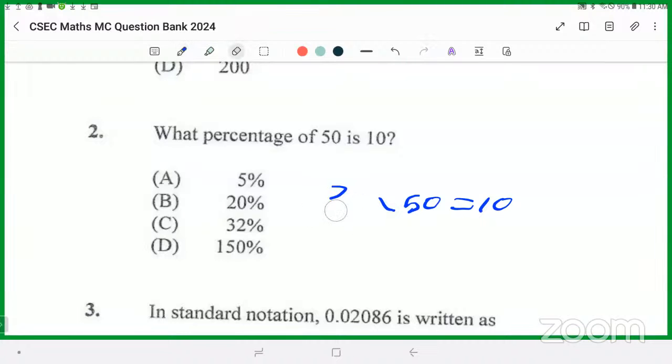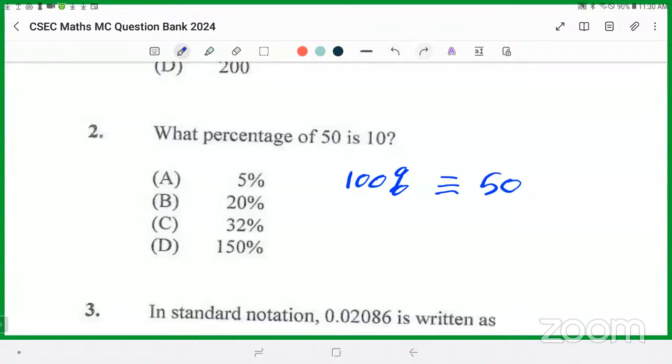Another way to look at it is to do it like a ratio. You could say, all right, what percentage of 50 is 10? So you could say, okay, 100% is equivalent to 50. 100% of 50 is 50. You want to know what percent is 10. So you want this side to come down to 10.